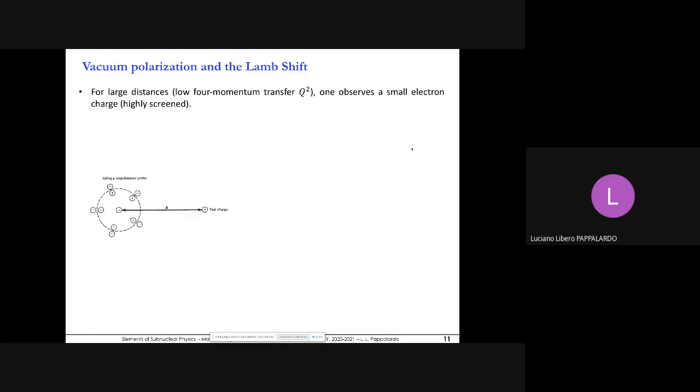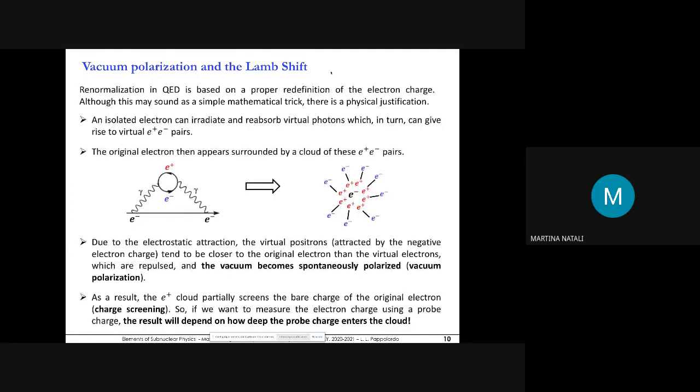Excuse me, Professor. Yes. I have a question. If the processes of the pair production of e+ and e- live in the time allowed by the uncertainty principle, is this time proportional to the rest mass energy of two electrons?